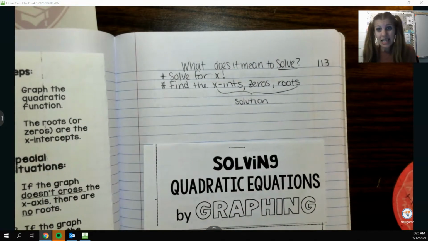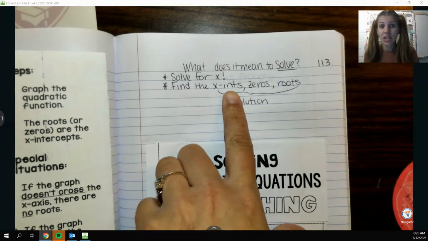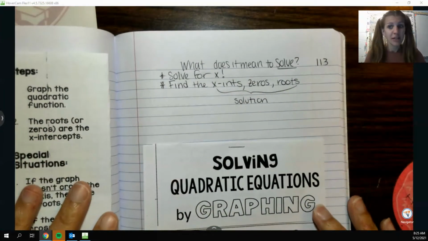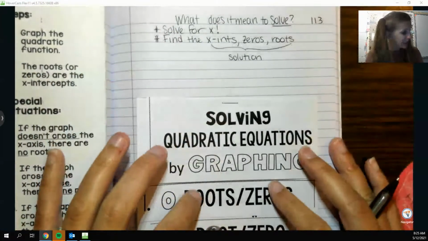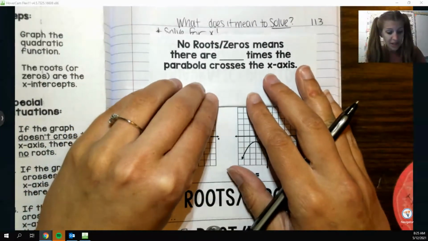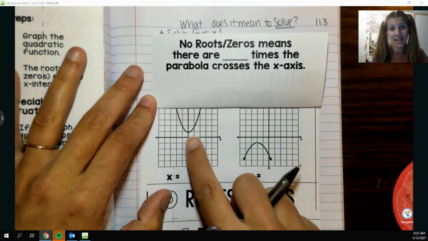And so kind of the easiest way to start solving is to just look at the graph and look for where it crosses your x-axis. So a couple of things can happen. So if we jump down here now, firstly, we could have a graph that looks like these ones here.